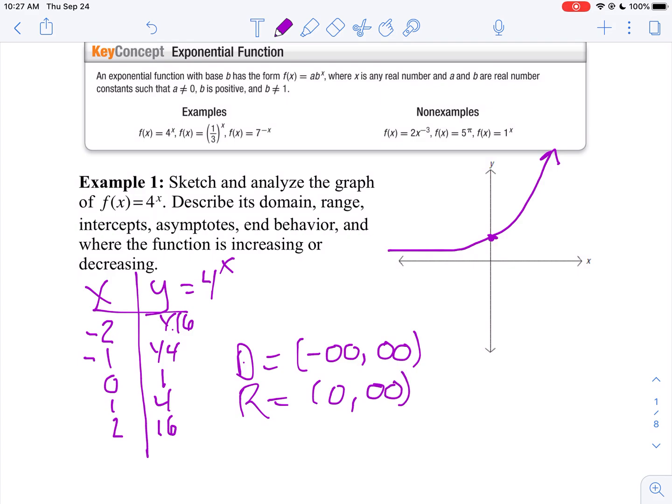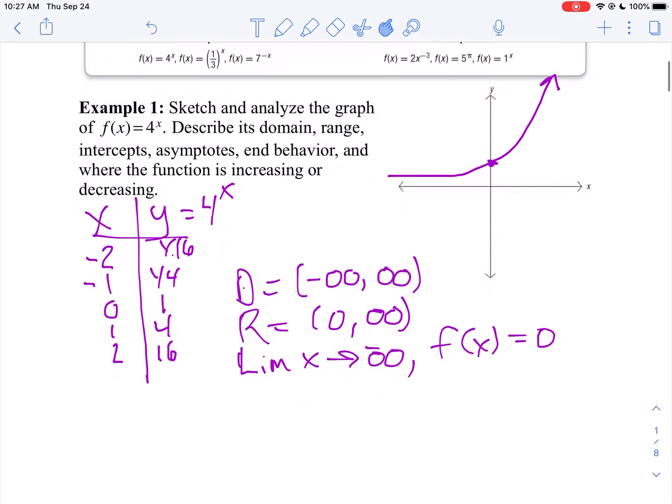When we talk about the end behavior, the limit as x approaches -infinity, f of x is going to approach 0.